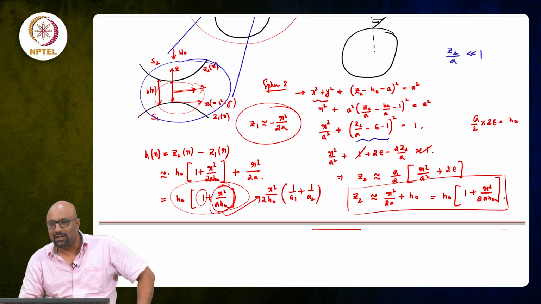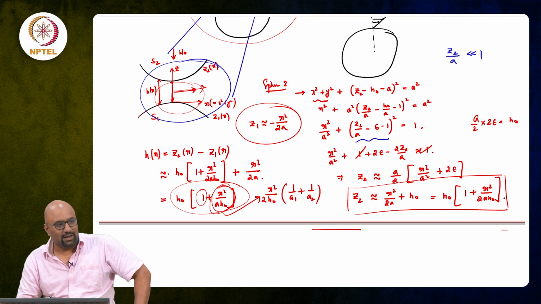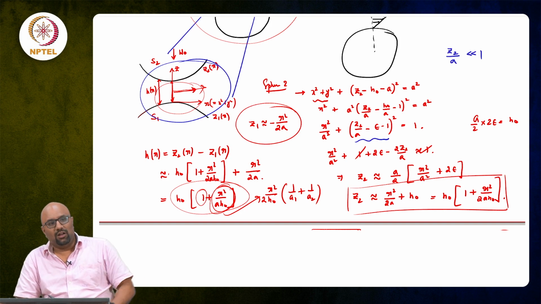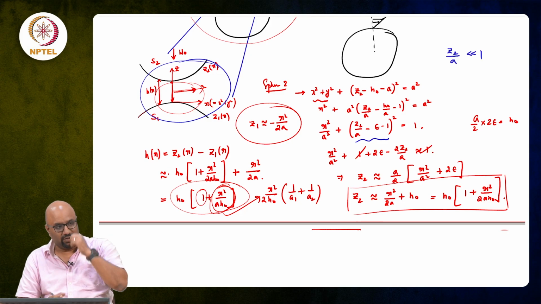How do I find that out? Axis basically means the axis of symmetry joining the two spheres. What should be the velocity scale for the fluid moving in a direction perpendicular to the axis, the radial direction? Should it be the same or different, and how do we find that out?